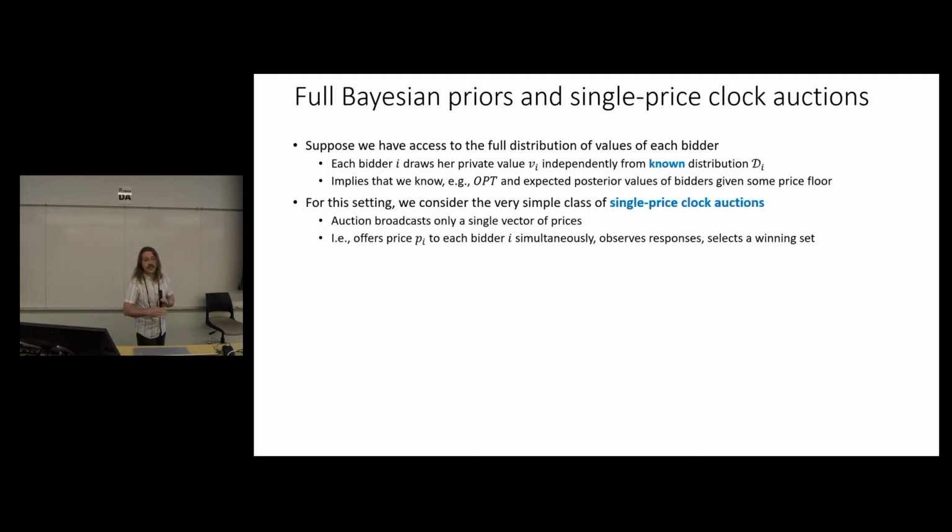And with full access to prior information, we can achieve much improved bounds even with a very simple class of clock auctions we call single price clock auctions. How do these work? They broadcast a single vector of prices, p_i for each bidder i, observe the responses, and then select a winning subset from among those who accept their offer.